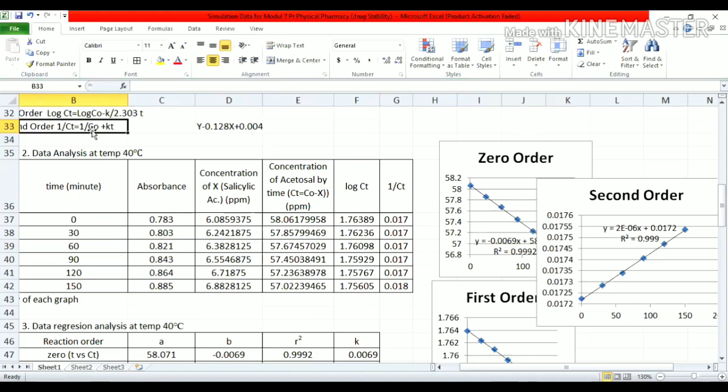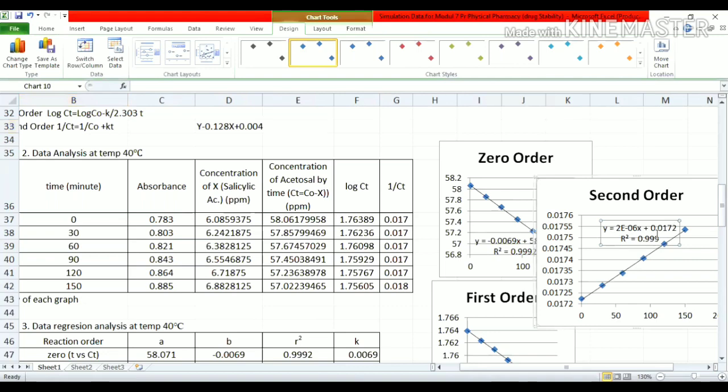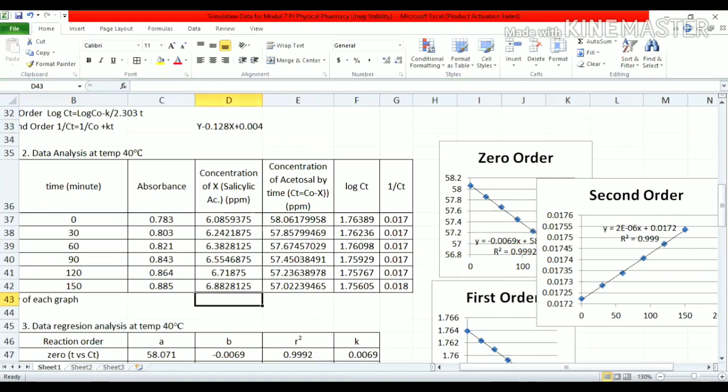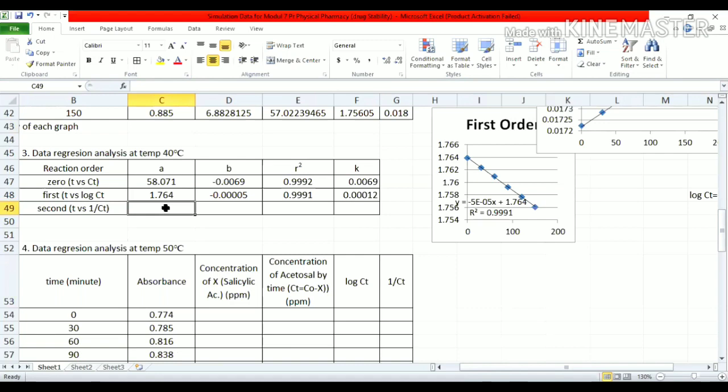Okay, this one. The A is 0.0172 and the B is 0.000002 and the R is 0.999, and the K will be the same number as the B, so it's 0.000002.